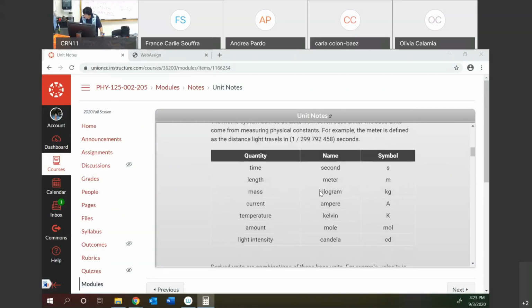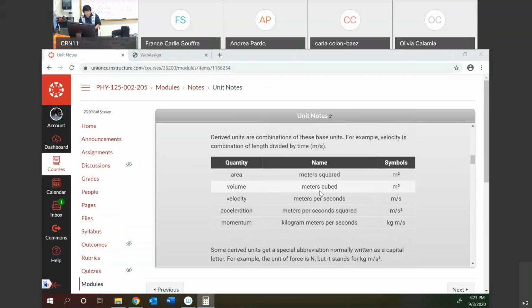So area is a multiplication of length times width. So you are basically multiplying 2 meters times 3 meters. Let's suppose you have a piece of paper, a wall, right, where the dimensions are 2 by 3 meters. That means that the area is 2 by 3, 6 meters squared.